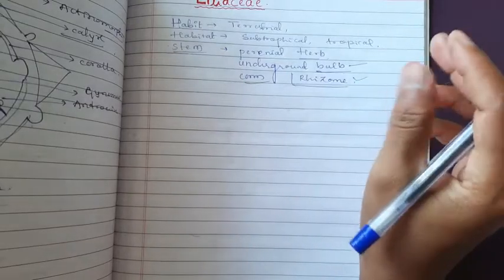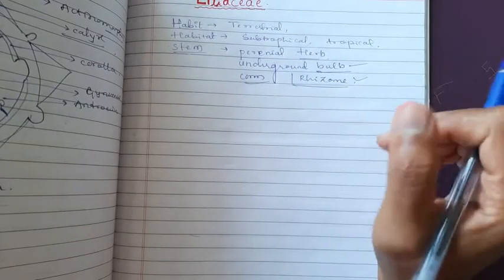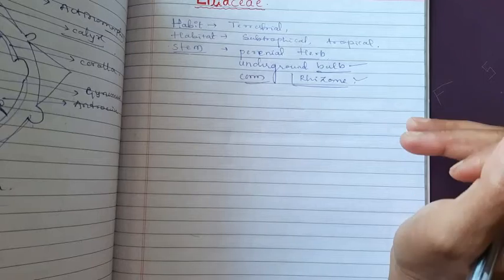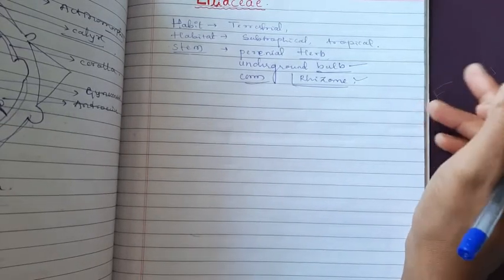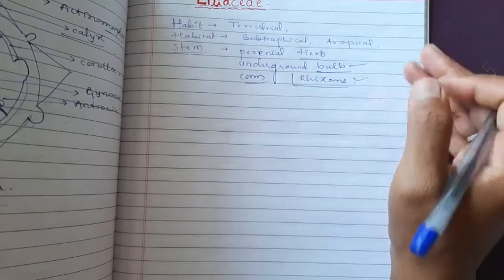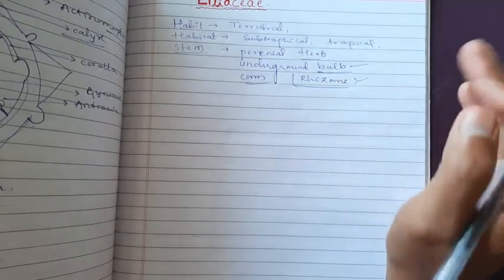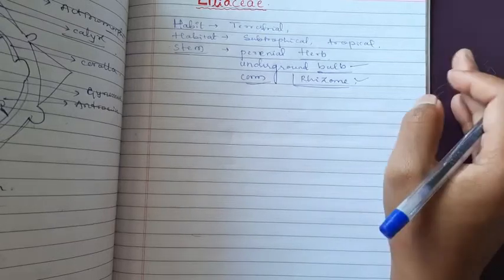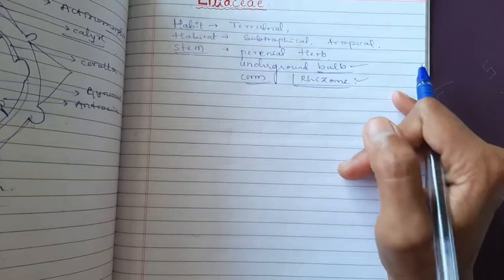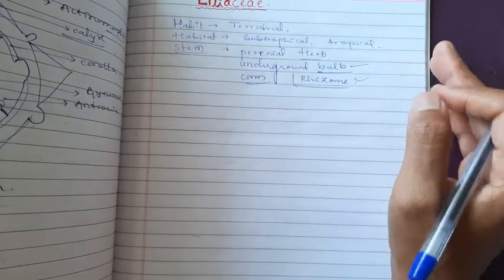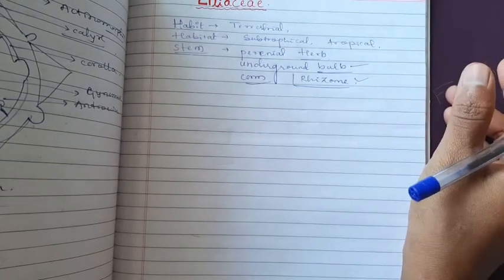These are the modified stems in order to store the food material. Here the stem is not in the usual form, it is somewhat different, modified in order to store food material, okay.